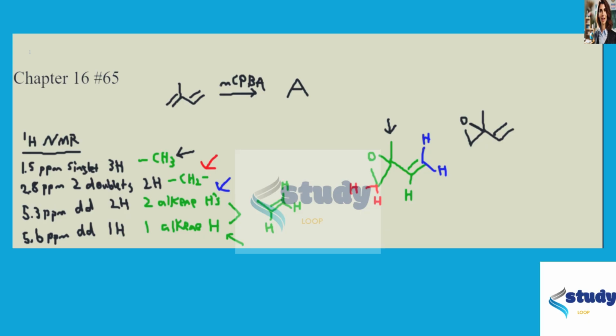And because we get those two different signals for alkene protons, and because there are three alkene protons, we know that it has to be that first double bond that gets epoxidized. Because if the other double bond were to be epoxidized, we would only get one alkene signal, and it would be for the two protons on the other double bond.